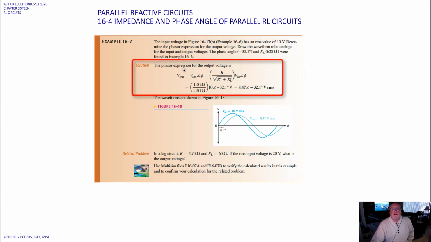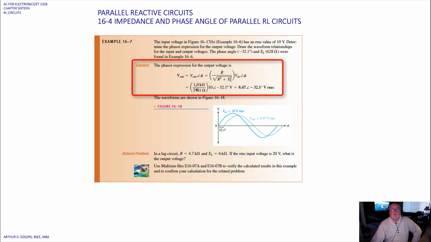So for the phasor expression of the output, V out, again notice that capital bolded V is telling us we're looking for the phasor expression, equal to V out at the angle of phi. So we have R over the square root of R squared plus X sub L squared, multiplied times V in, at the angle phi.